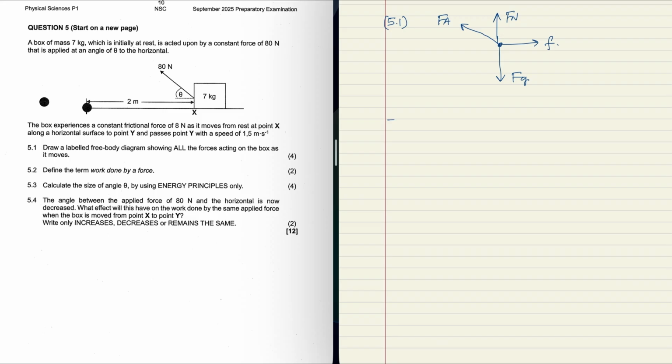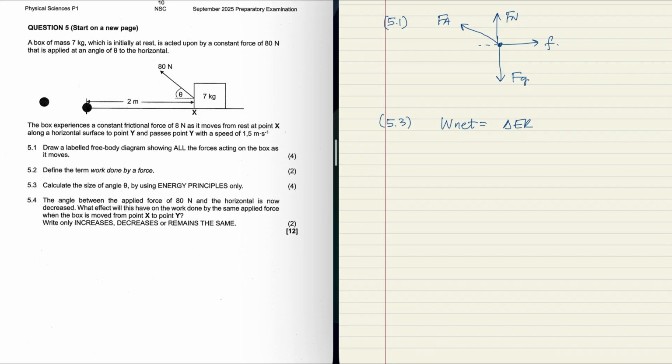Question 5.3. Calculate the size of angle theta by using energy principles only. So I'm going to use W net is equal to delta EK. Now FA is not going to do work just as it is here.